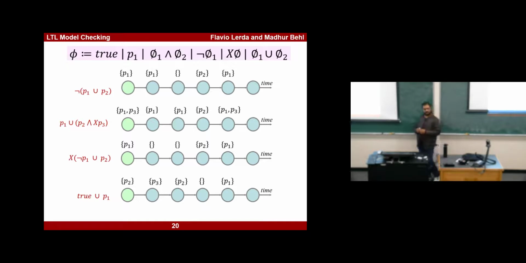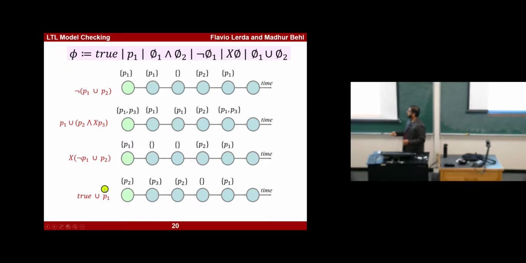Very good. True until P1, I hypothesize, is the same thing as saying eventually P1. Let's put that aside. Just first look at why this is true. True until P1 says that I should see a P1 in my trace. That's the requirement of until, which is here.